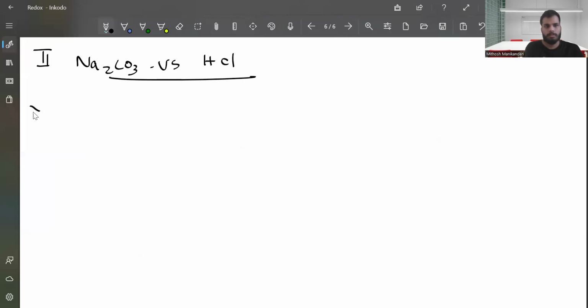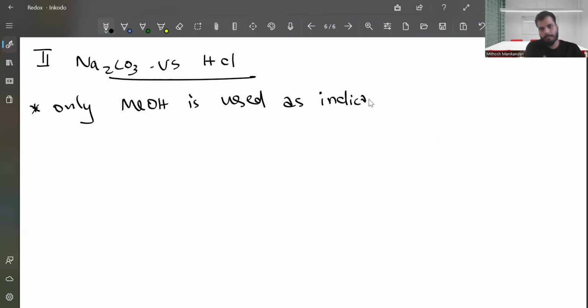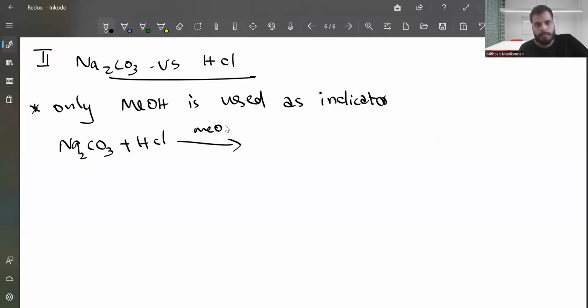But only methyl orange is used as the indicator. So you have again Na2CO3 plus HCl, you get NaHCO3 plus NaCl. Correct. So this is the first.